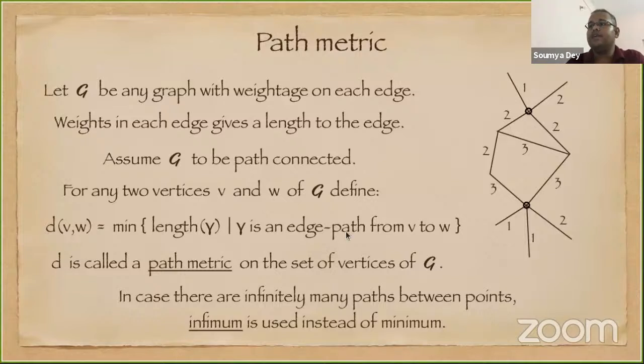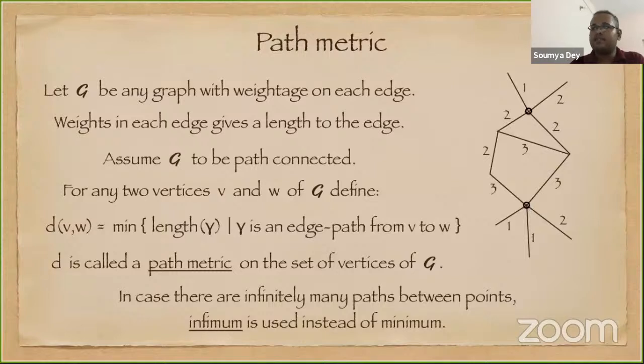What I'm doing is finding all edge paths joining this and this vertex. For example, you can start from here, go via this edge, then this edge, and then this edge. What would be the length? What is the total length that I have covered? It's 2 plus 2 plus 3, so it's 7, right?